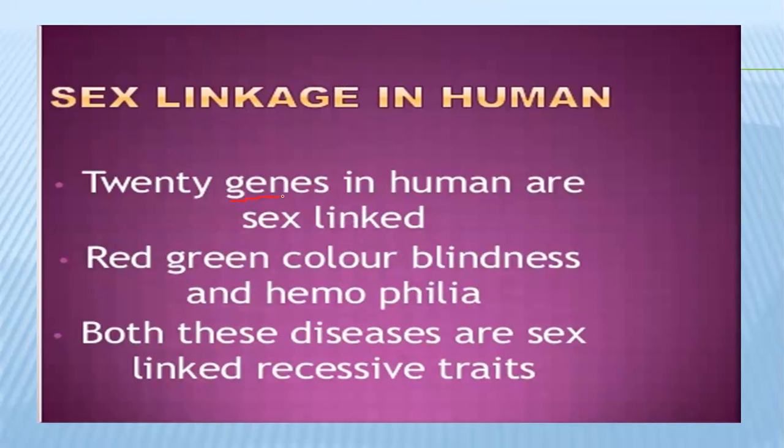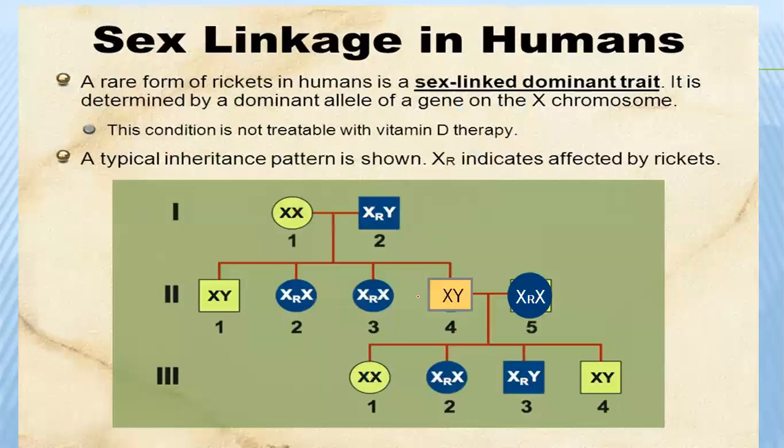Almost 20 genes in humans are sex-linked, and red-green color blindness and hemophilia are very important. They are sex-linked recessive traits and are passed on as sex-linked diseases.